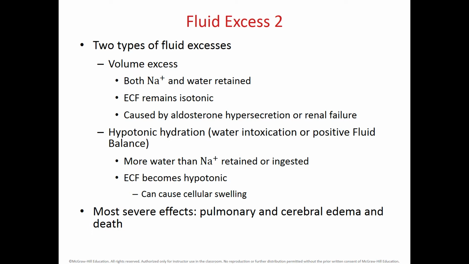And this type of volume excess can happen because someone has hypersecretion of aldosterone, which will lead to more absorption of sodium and water, or if someone has renal failure.